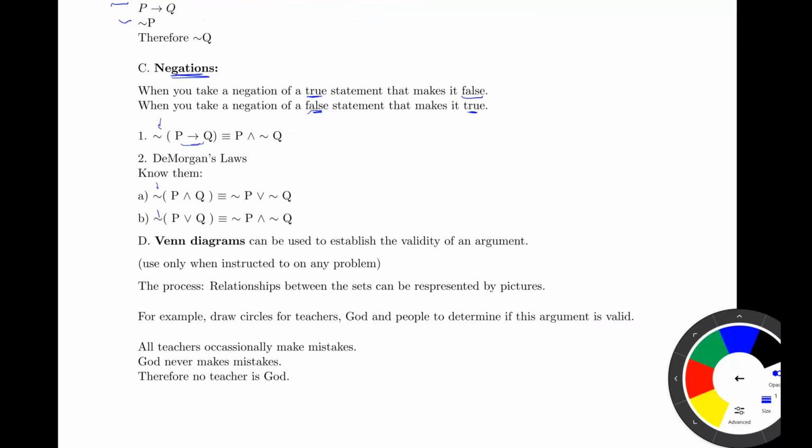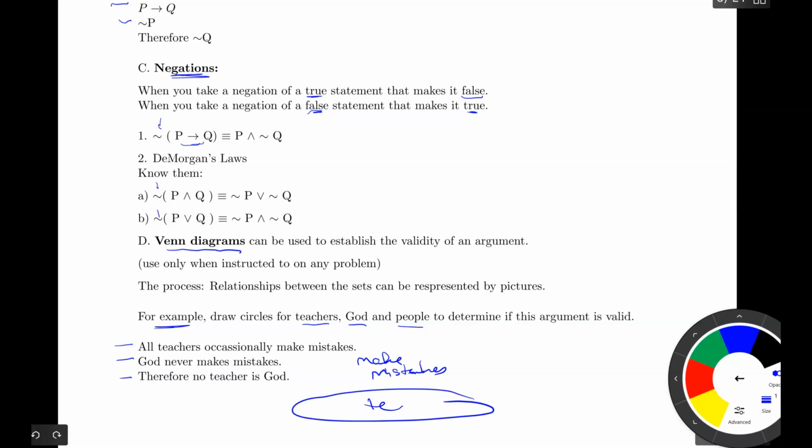All right, Venn diagrams can sometimes be used, and I'll want you to draw circles to show whether it's valid or not. So here's an example. Here's a premise, and conclusion. There's three things going on here: teachers, God, and people. All teachers occasionally make mistakes. So there's the make mistakes bubble, and teachers are in it.